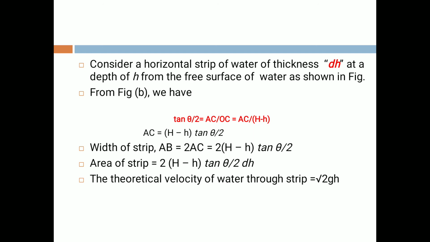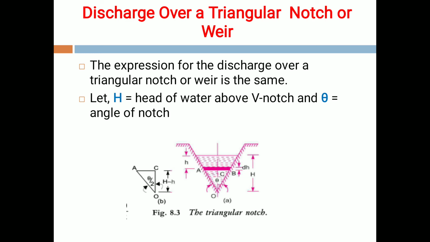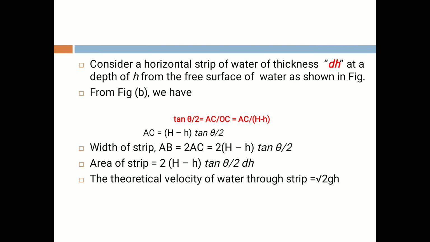the value of theta: tan theta/2 is equal to AC by OC, which is equal to AC by (H minus h). Okay. Then the value of AC is equal to (H minus h) into tan theta/2.